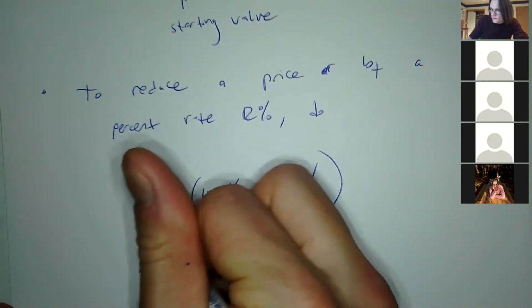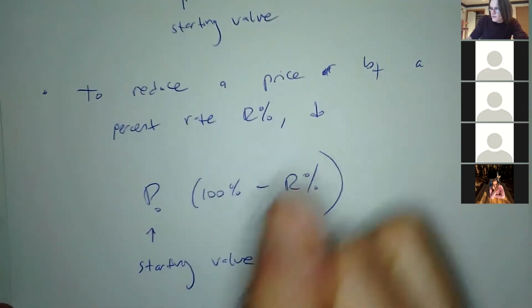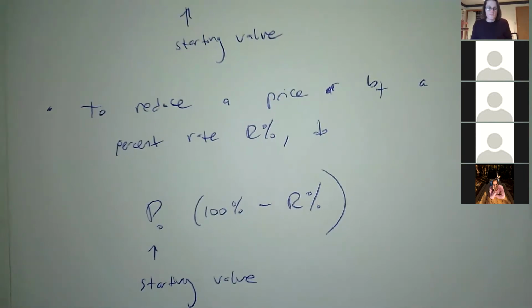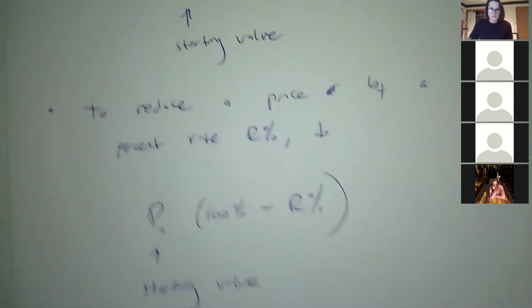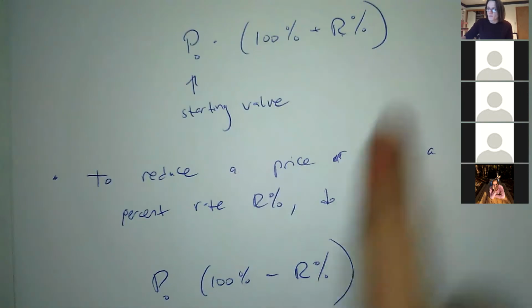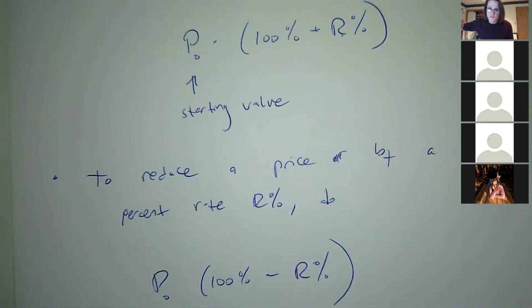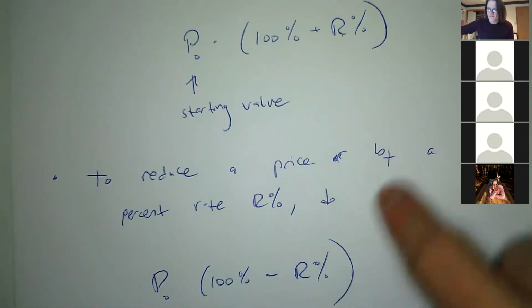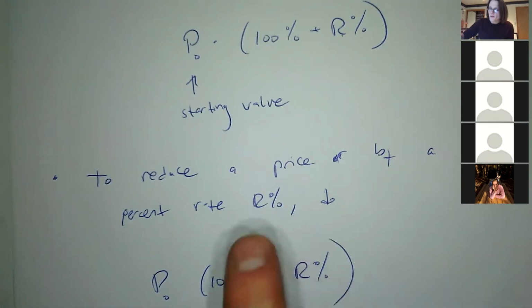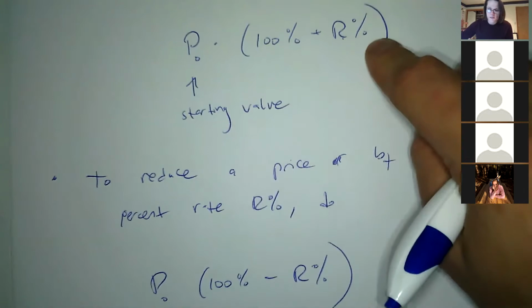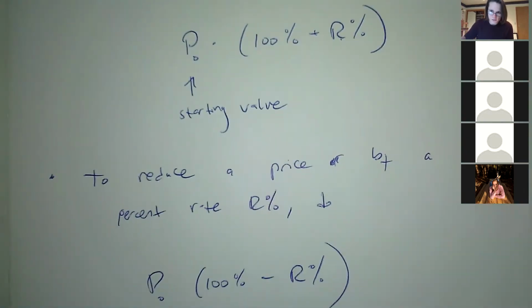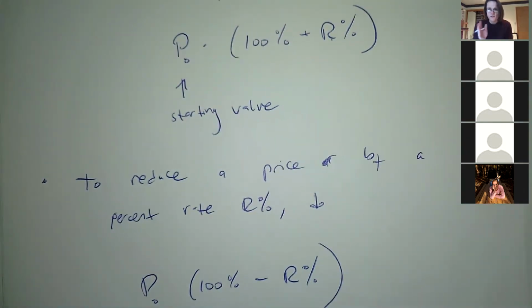So it's very similar formulas: 100 plus R% or 100 minus R%. With one, you're adding some percentage to a value, and with the other you're subtracting some percentage from a value. Whenever you're trying to do those two things, these are two quick ways to do it.